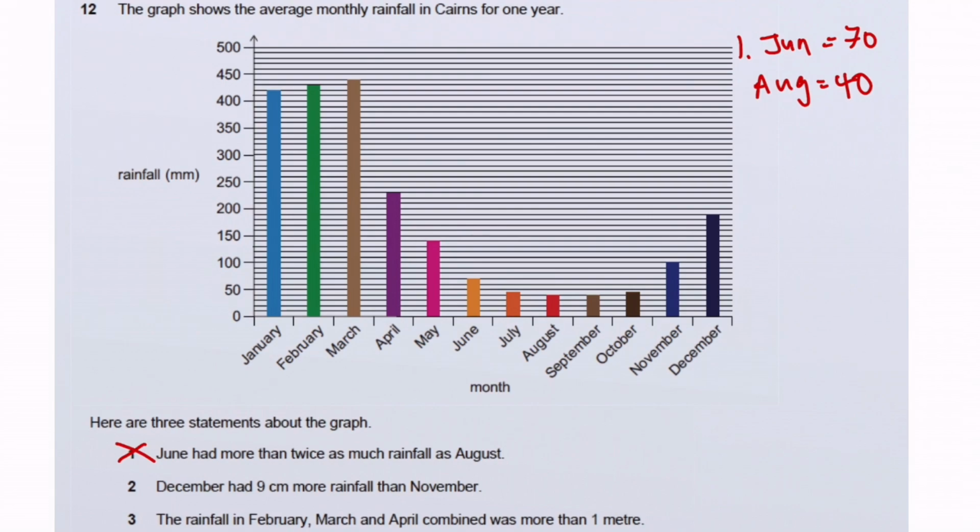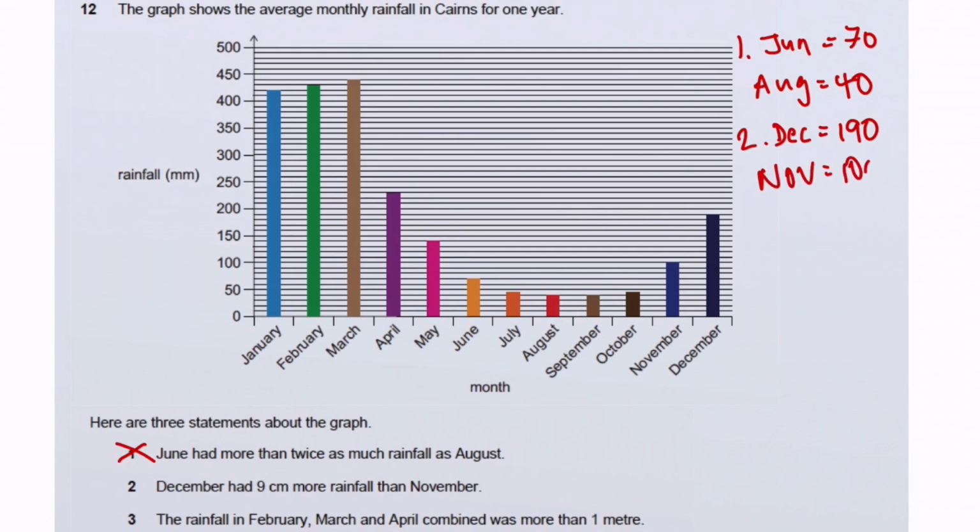Looking at the second statement, December had 9 centimeters more rainfall than November. So firstly, look at December. When we line up the graph here, we see that the rainfall is 190 millimeters. So for statement 2, December is 190. Now looking at November, since we're comparing those 2 months, when we line it up, we can see that November had 100 millimeters.